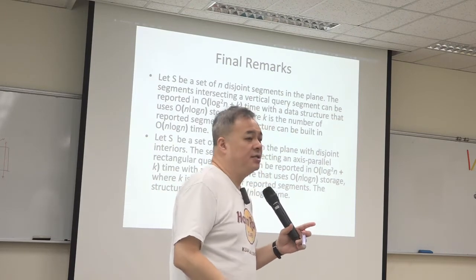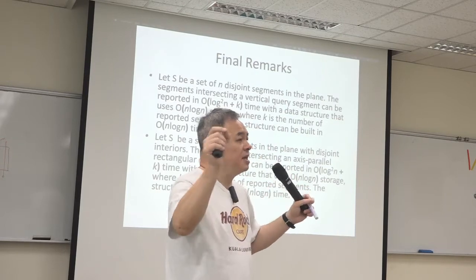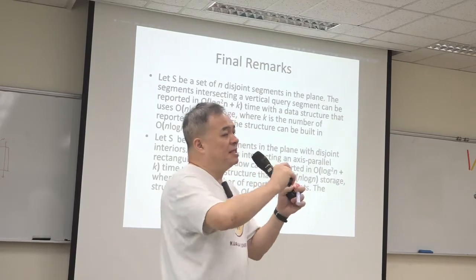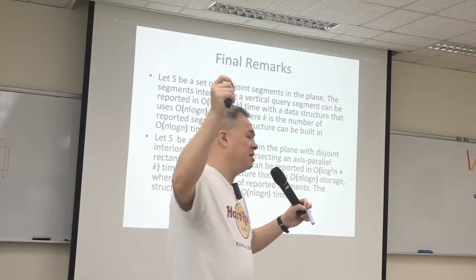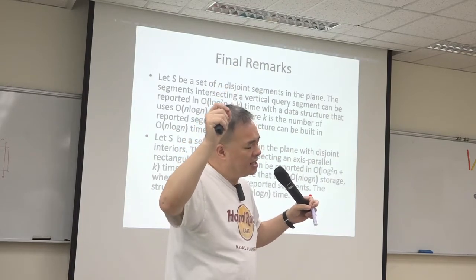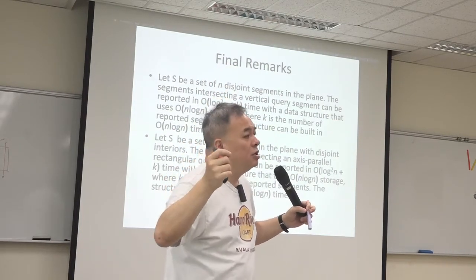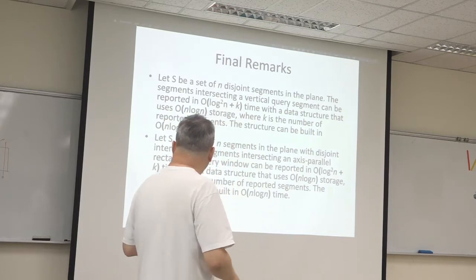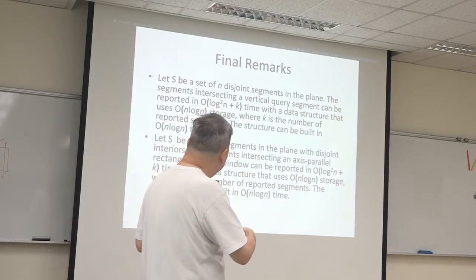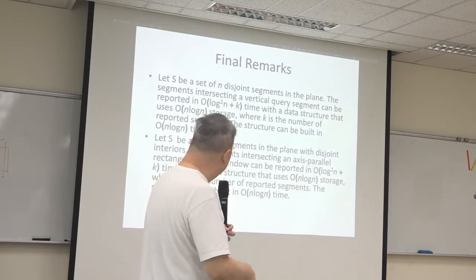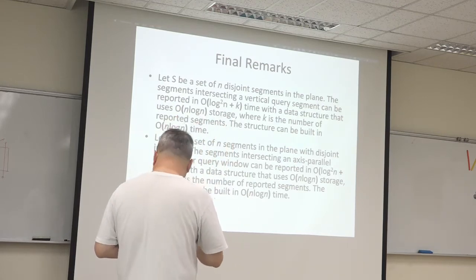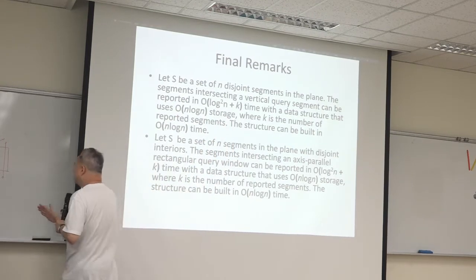After that, for the rest of the segments that span the whole window, such that the endpoints are not in the window, we need to use the segment tree. For example, we build the segment tree on the left side.